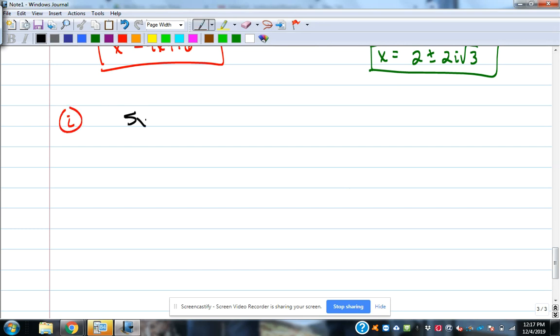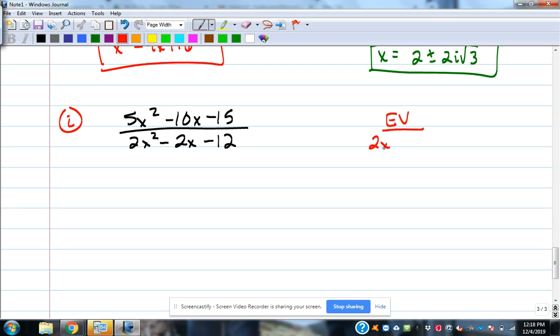All right. Let's try this one. 5x squared minus 10x minus 15 over 2x squared minus 2x minus 12. Excluded values, so I got 2x squared minus 2x minus 12 equal to 0.